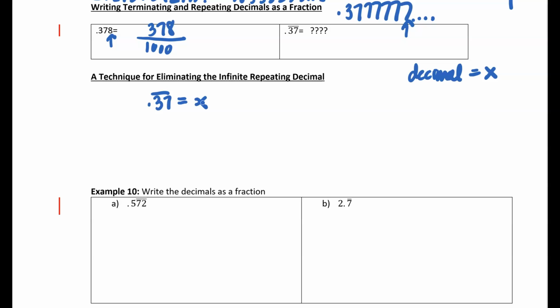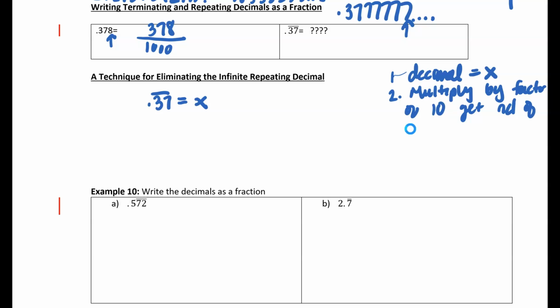Okay. The next step, so this is step 1. Step 2 is you're going to multiply by a factor of 10 to get rid of the decimal. Sorry, my writing is so messy with this pen.